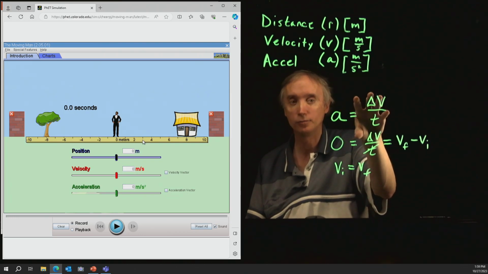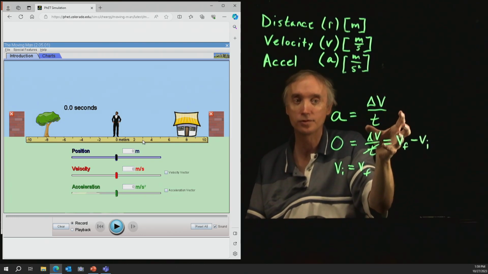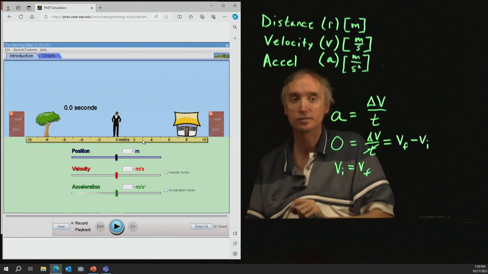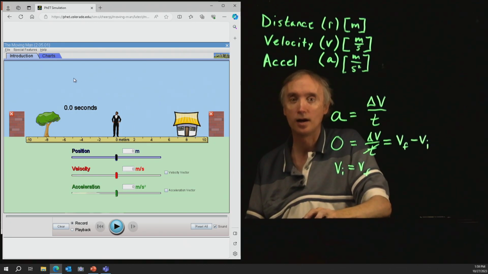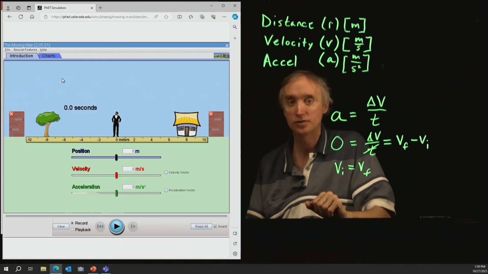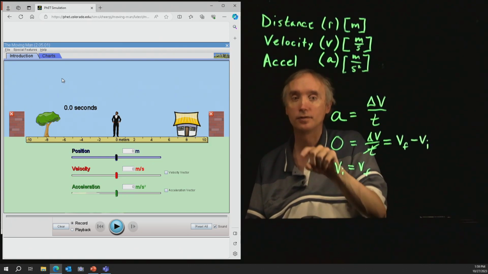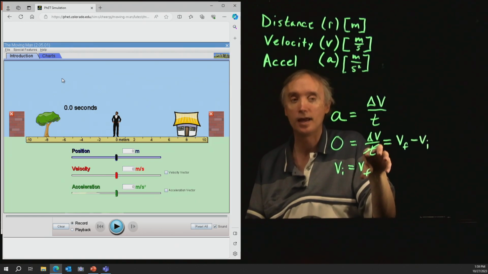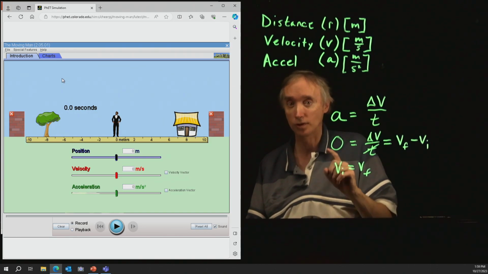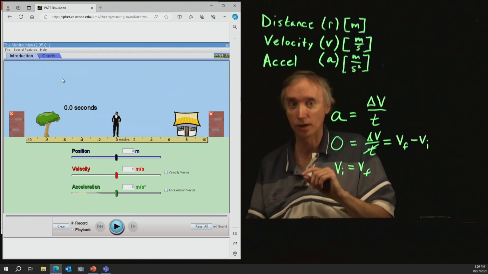So we could do word problems and then verify the solutions by using this simulator if we wanted to. And then the next part of this simulation is on graphing, so that we could actually graph the motion of the person, and we could see what is the relationship of a graph to the speed of an object and to the acceleration of an object. We're going to do that later, but not right now.